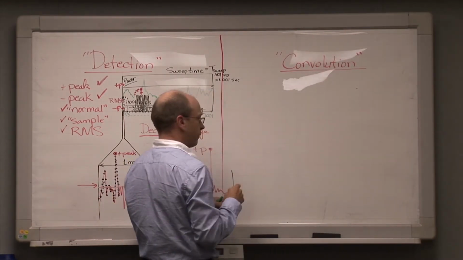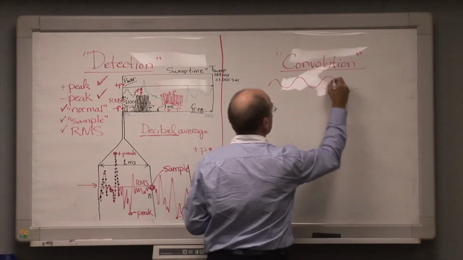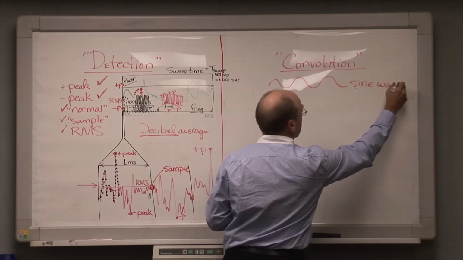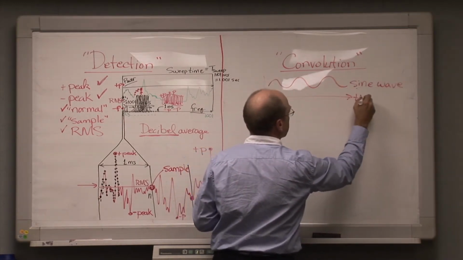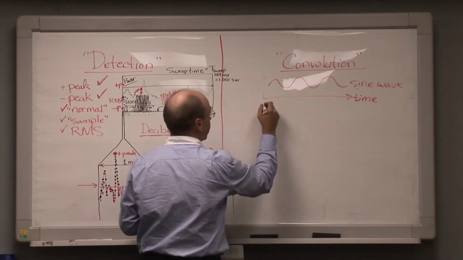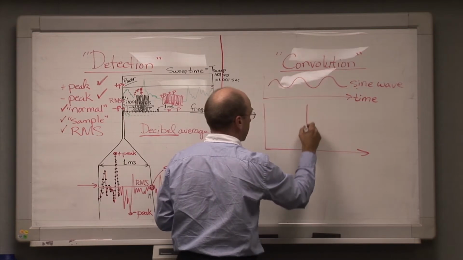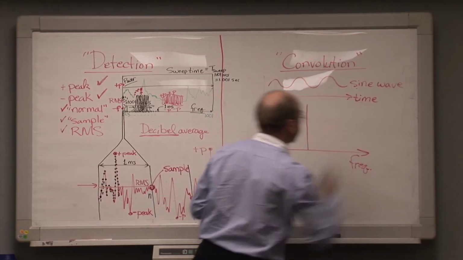Suppose that our input waveform, in fact, looks like a sine wave in the time domain, like so. Here's time, sine wave. In the frequency domain, the waveform will look like this. The emission is on a single frequency.